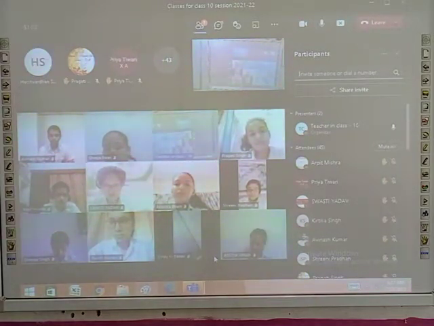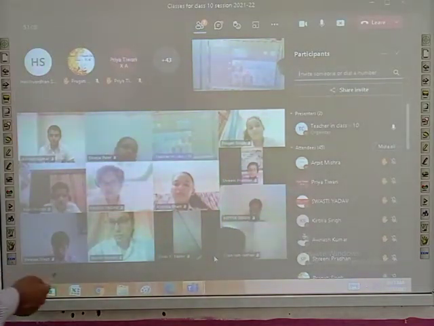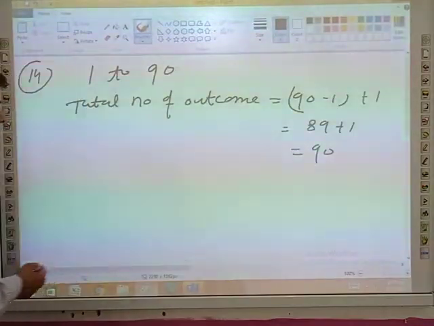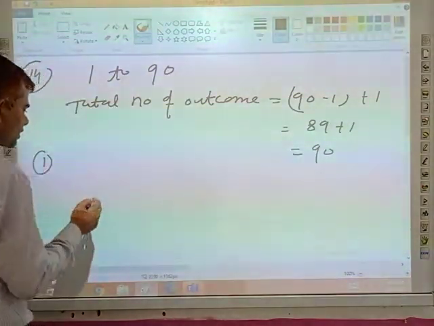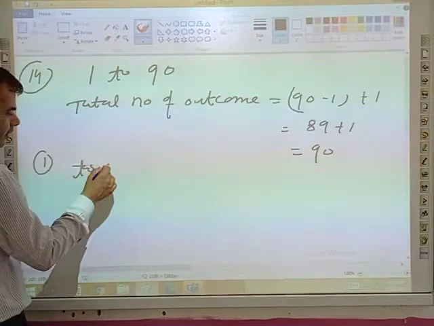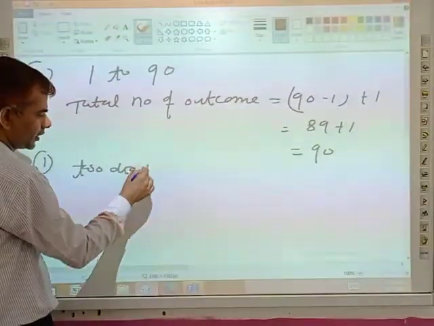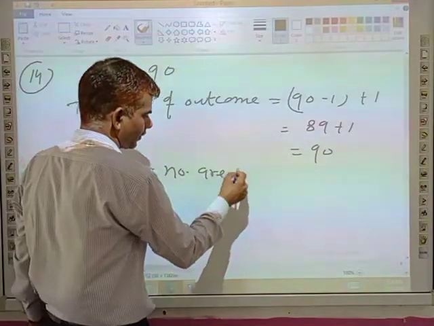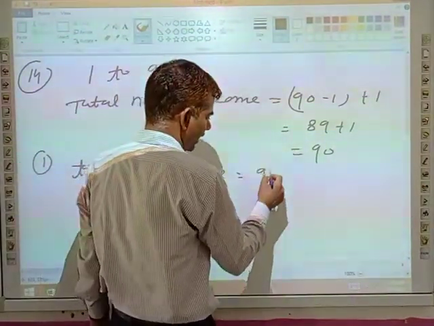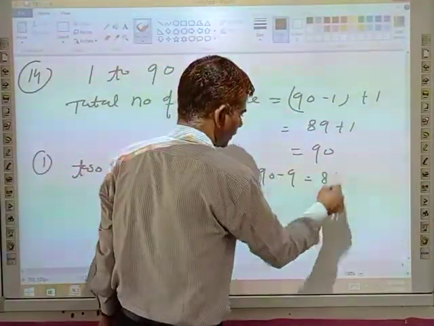These 9 numbers are not included in the 90 numbers. So 90 minus 9, that is 81.